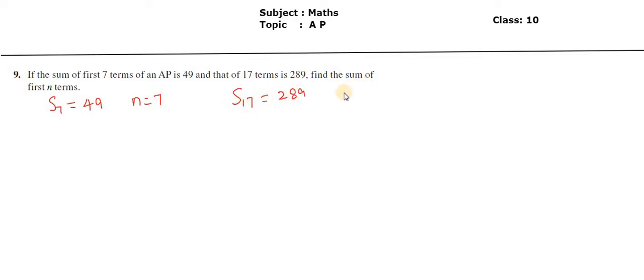We need to find the sum of the first n terms. Okay, so we know that Sn is equal to n by 2 into 2a plus n minus 1 into d.